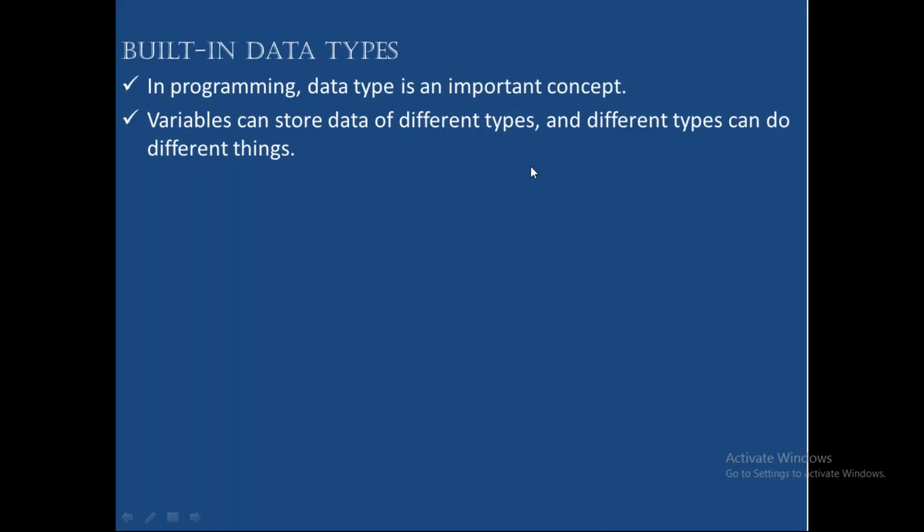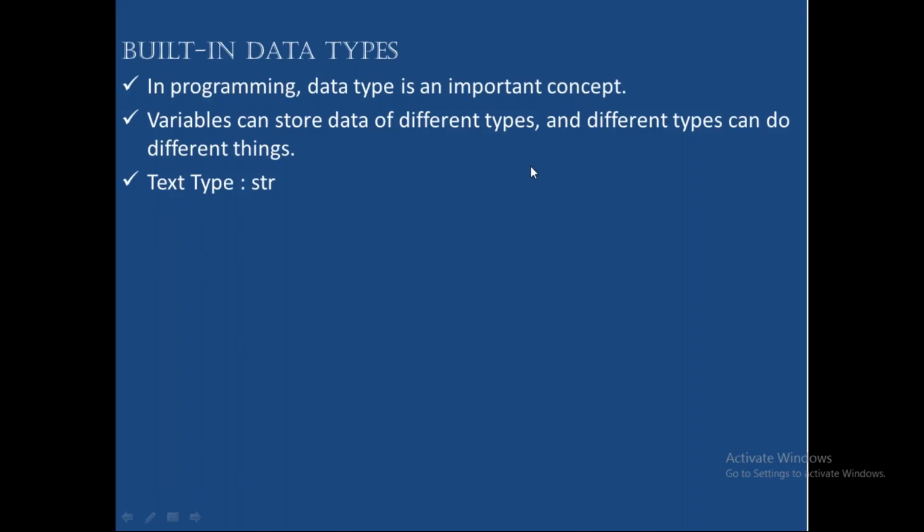Understood? Variables can store data of different types, and different types can do different things. So a equal to 1 you can do, a equal to Rama you can do, a equal to 10.5 you can do. Based on the data which you assign to the variable, the data type will change automatically. Python is dynamically typed, so it is able to understand the data type of that variable. Next, what are the different built-in data types we have?